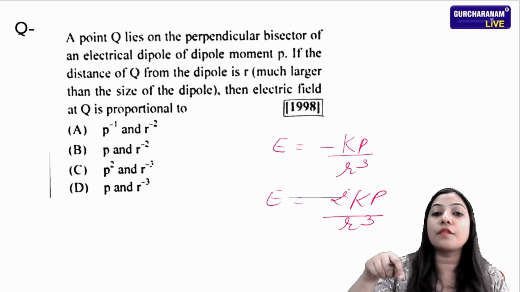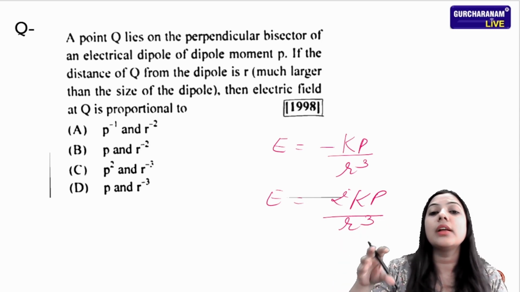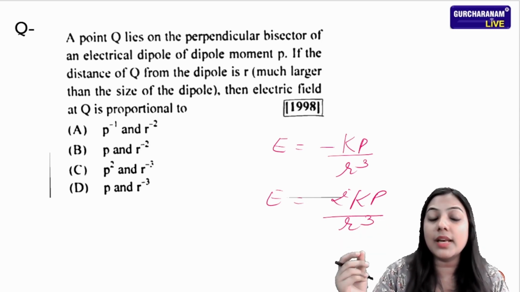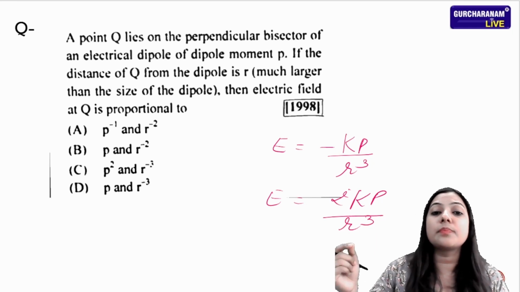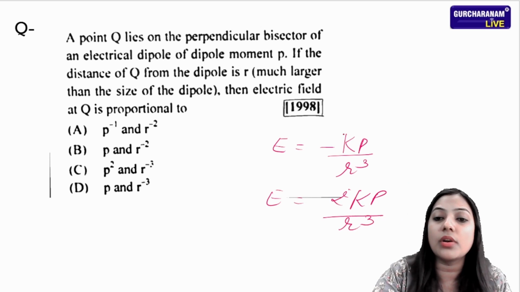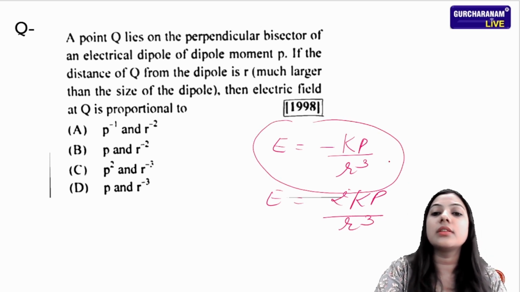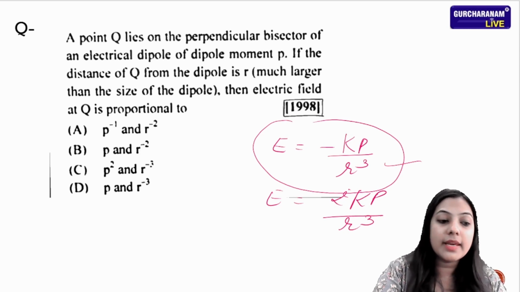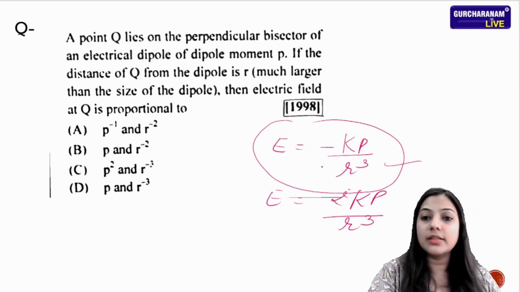The electric field at Q is proportional to what? We have to use this formula because this is the formula for the perpendicular bisector.